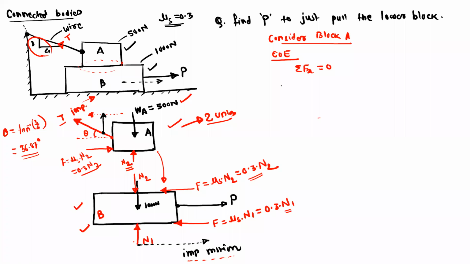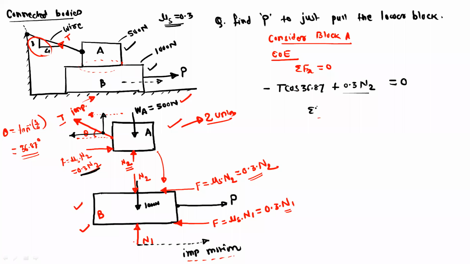In the summation Fx, we have minus T cos 36.87, because it is on the negative X side, then plus 0.3 N2, that is the friction force. We only have two forces for summation Fx, and this is equal to 0.